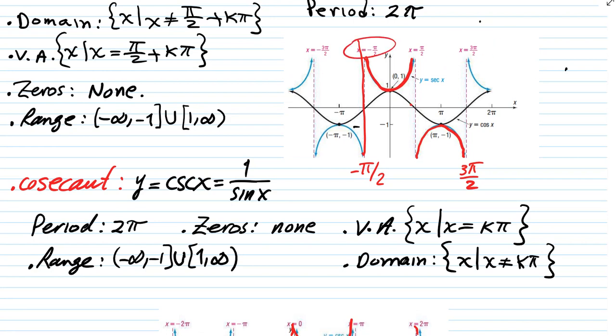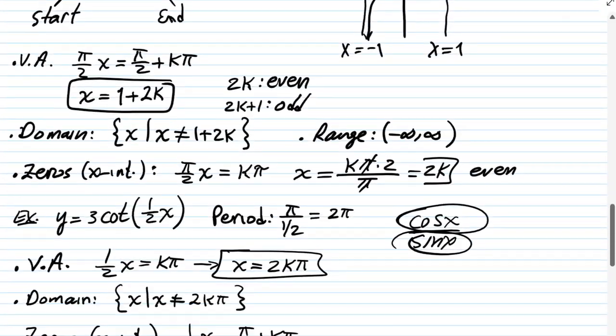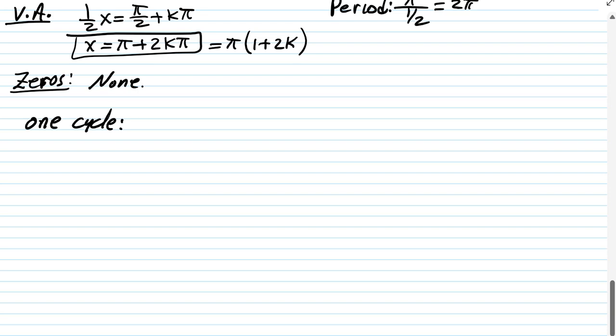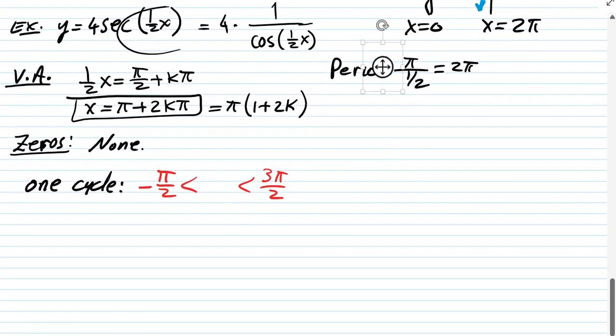Between those two numbers. So that's what I'm going to do. Therefore, I'm just going to set 1 cycle between negative pi over 2 and 3 pi over 2 for the basic secant function. And the secant I'm working with is half x.